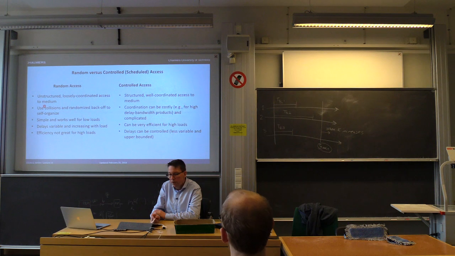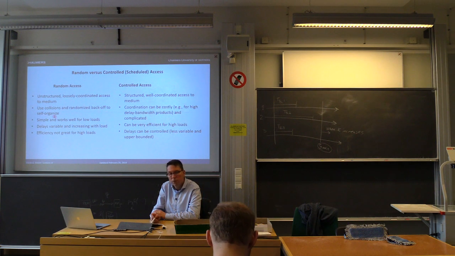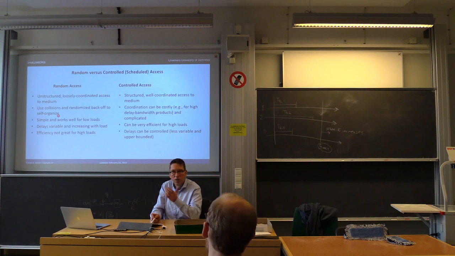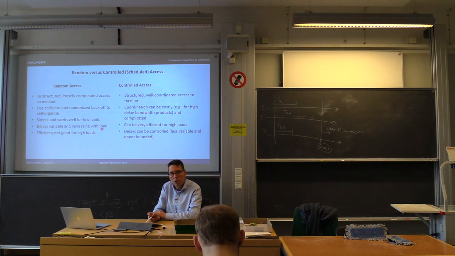Unstructured, loosely coordinated access to the medium. We use collisions and randomized backoff to self-organize, like CSMA, either with or without collision detection, for instance, or ALOHA for that matter. Simple, works well for low loads. Delays are variable and increase with load. Efficiency is not great for high loads.